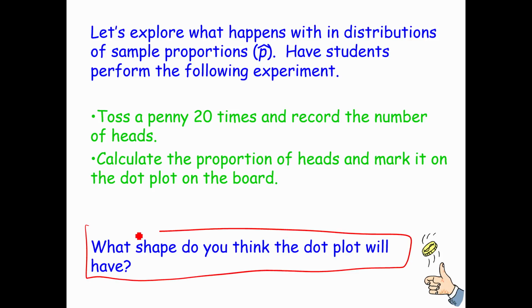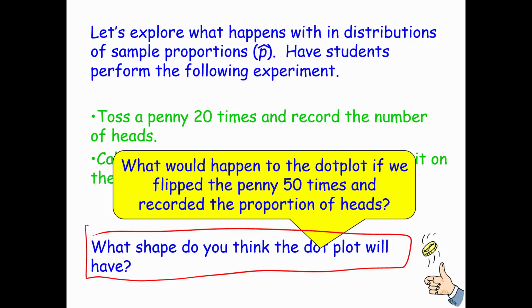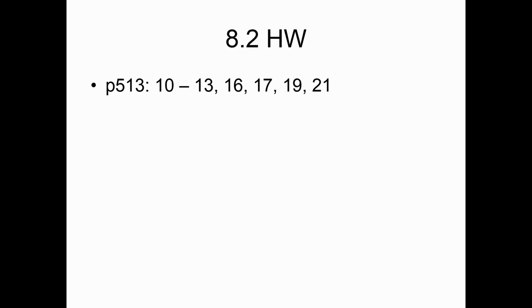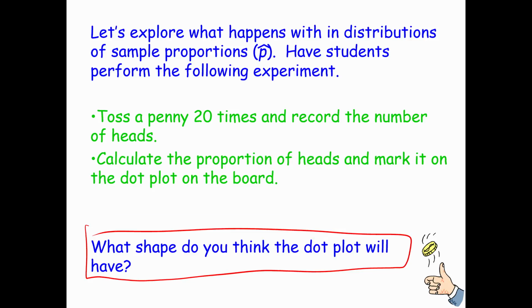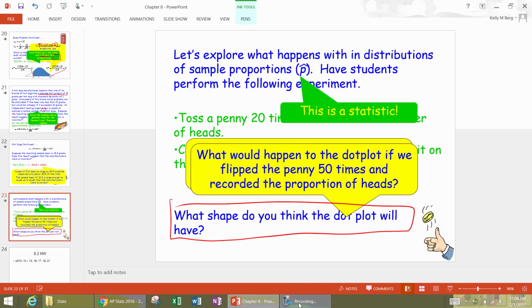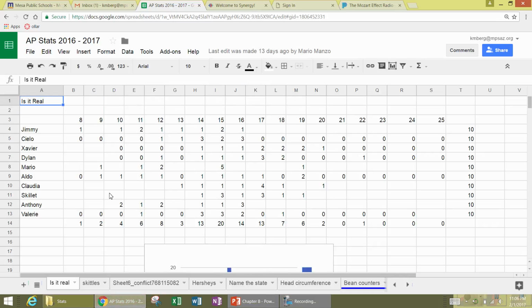What shape do you think the dot plot will have? And after we look at the shape, we are going to have your homework assignment. So let's go back and look at that shape. And let me go back in, and I'm going to the Google Docs where we've flipped some pennies before.